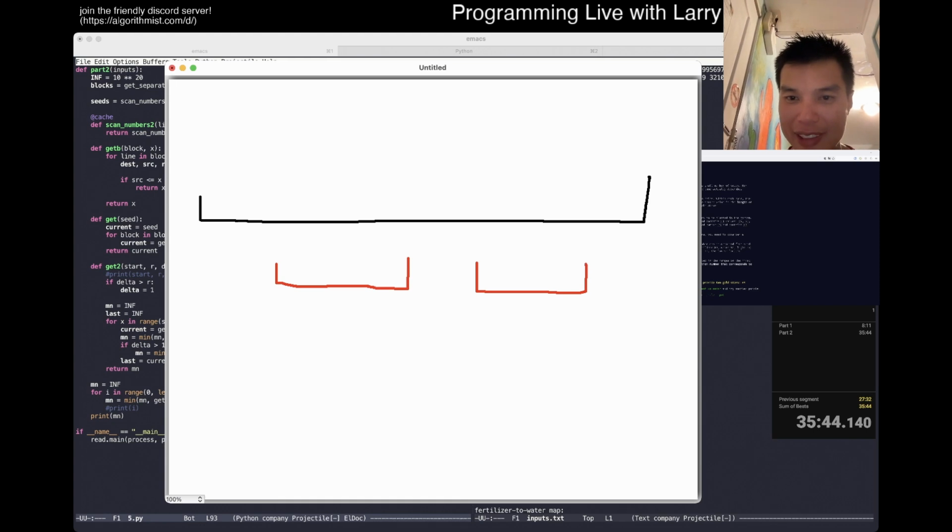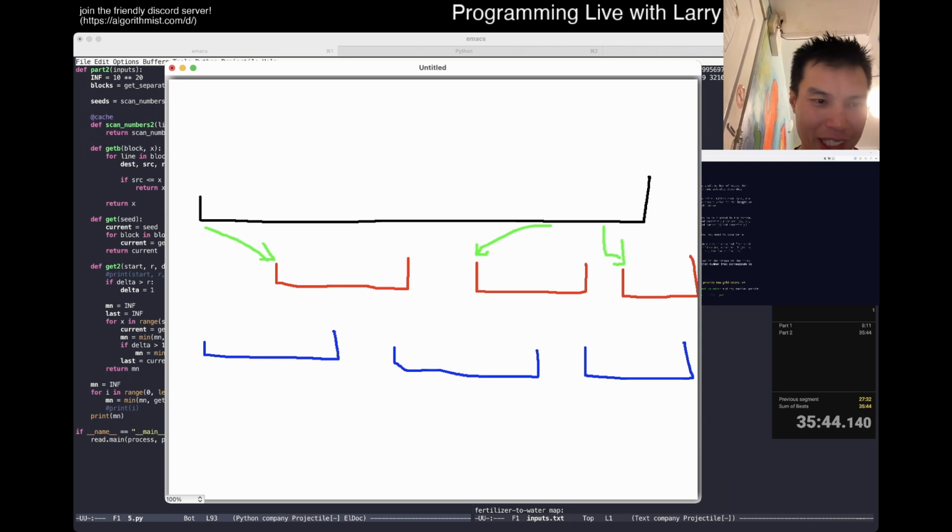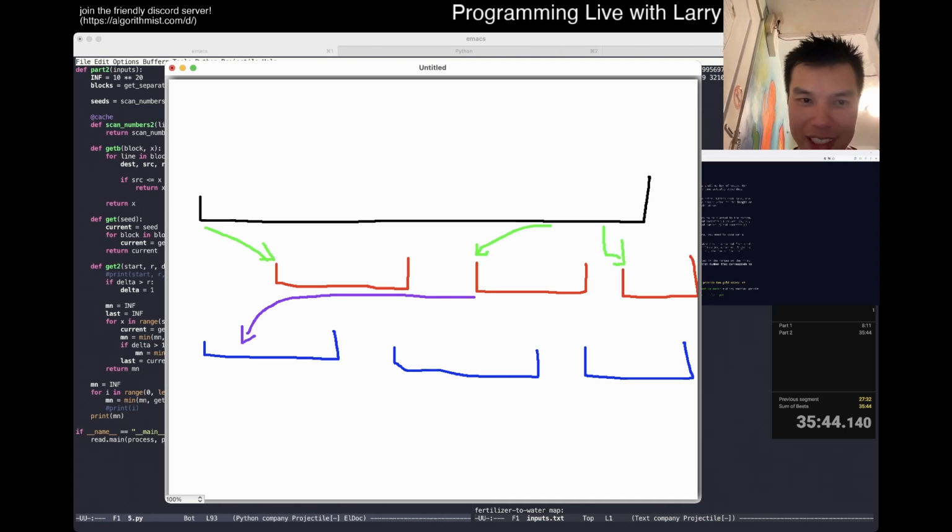Maybe this corresponds to this, and this corresponds to this, and so forth, some mapping. And of course there's some third layer that has some mappings to some number, and they don't have to look like what I did. For example, the beginning of the range could map to here, and so forth. That's just a crazy mapping. You can visualize this part, right?